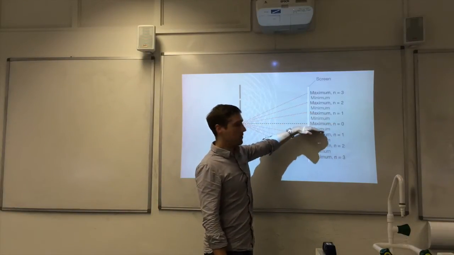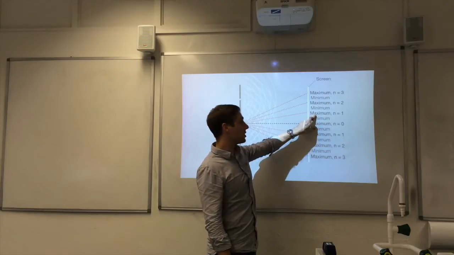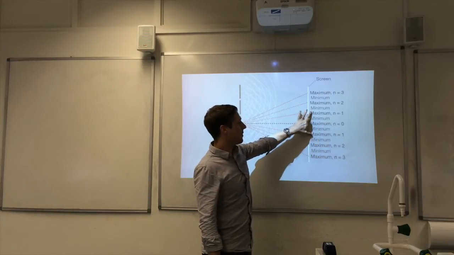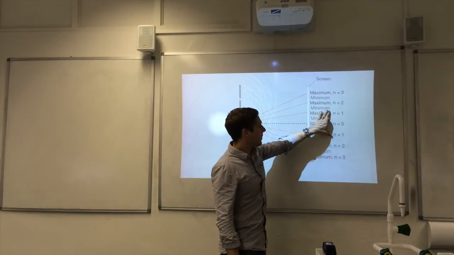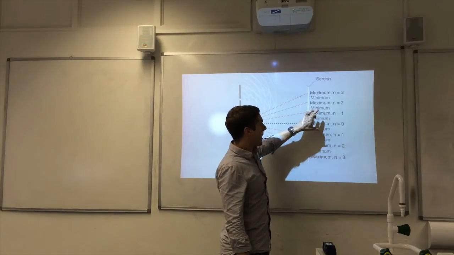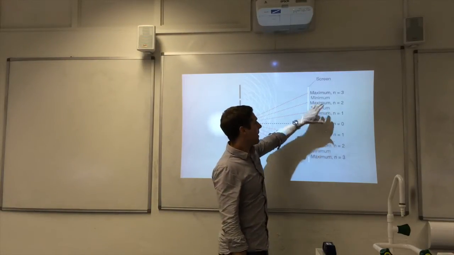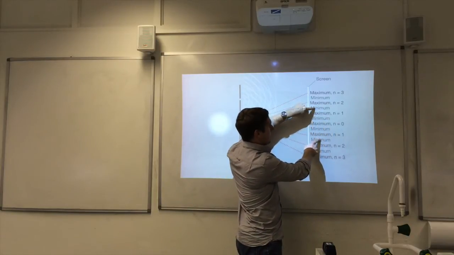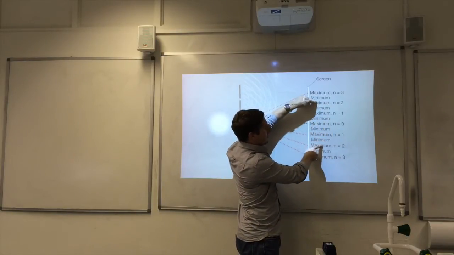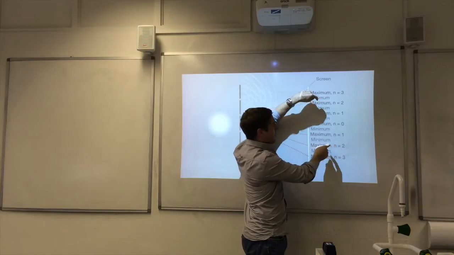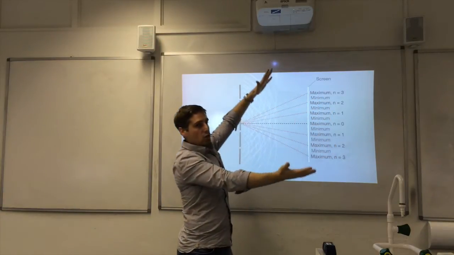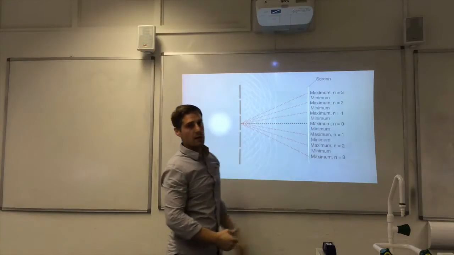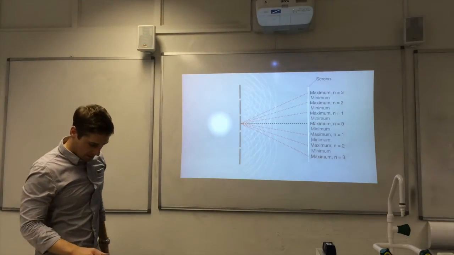Just to the side of that you have your minimum, so it's dark in those regions. And then you have your first order diffraction order where n equals 1, then more minima, then you have the n equals 2 diffraction order, so a couple more maxima. So it's a symmetrical pattern around this central bright spot.